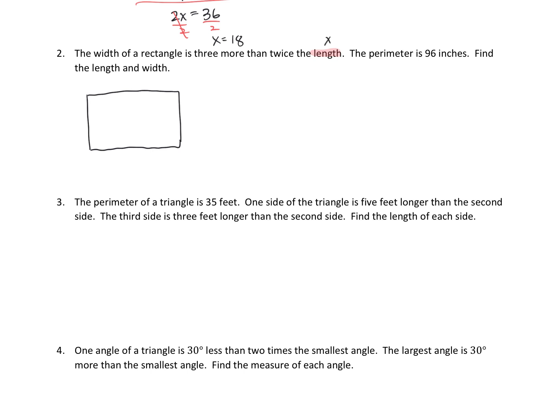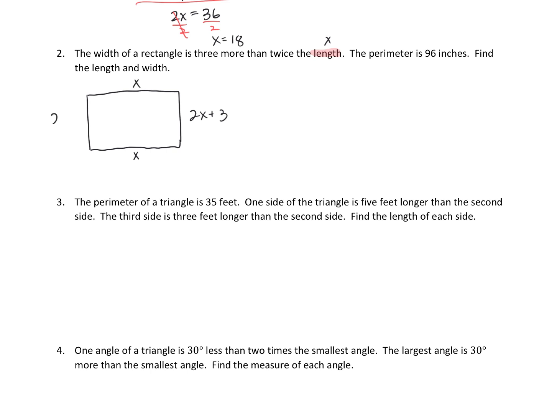So that's going to be x. So I'm going to call the length x. The width is 3 more than twice the length. So you could write it as 3 plus 2x, or you could write it as 2x plus 3. Either one is fine. My preference would be the 2x plus 3. So that's how I'm going to write it, but either one would be the same.